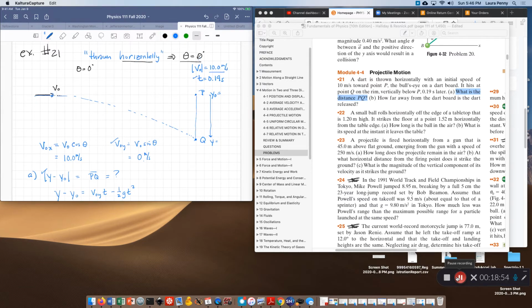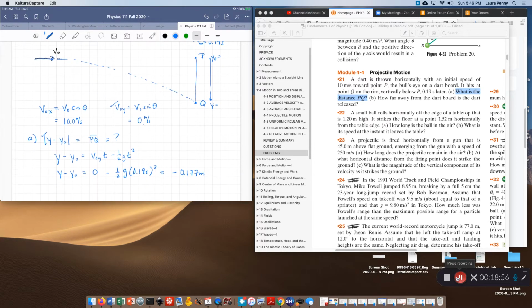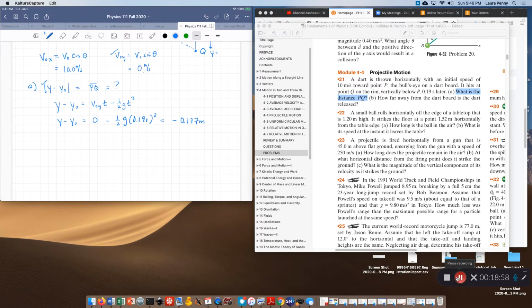So y minus y naught is downward. I get a negative number here because my final height y is less than the initial height.